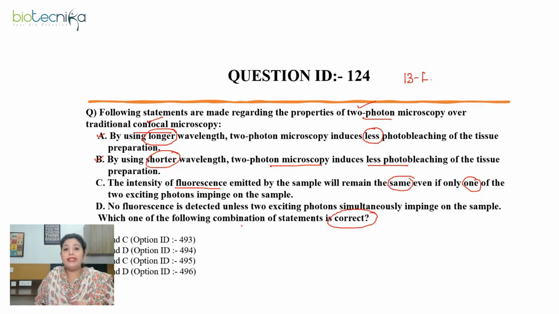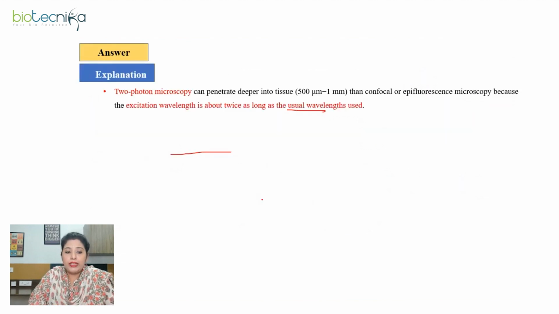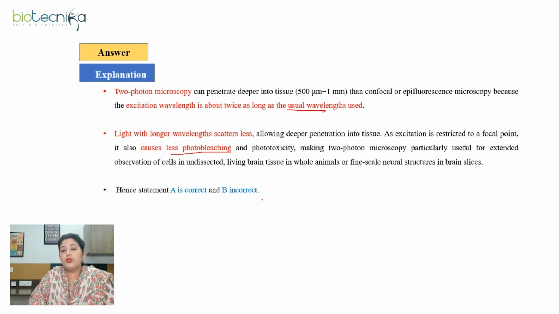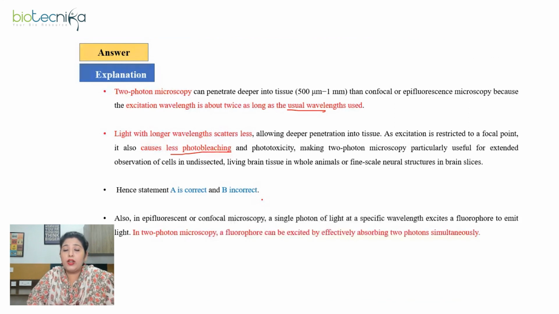However, statement D says that no fluorescence is detected unless two exciting photons simultaneously impinge on the sample. Again, to answer this question you should understand what wavelengths are provided, whether one or two are provided simultaneously, right?